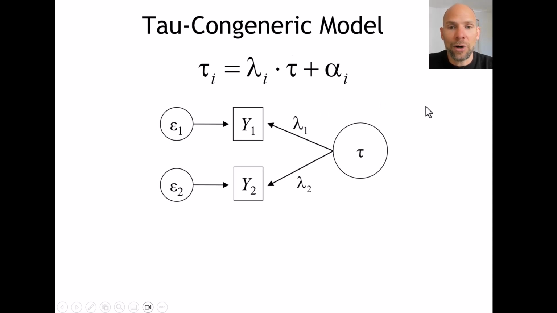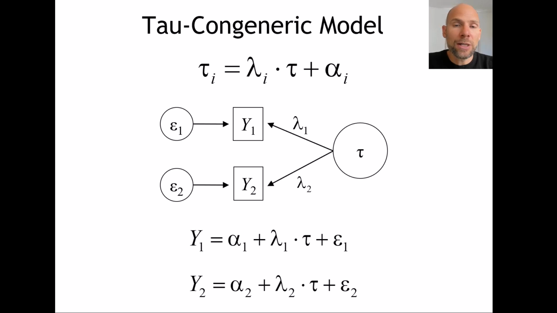And so then in the model we typically depict the factor loadings lambda 1 and lambda 2, which in this model would be freely estimated, at least some of them. Now, the measurement equations look like standard measurement equations in factor analysis, where we have observed variables on the left-hand side, and on the right-hand side we have an intercept plus a factor loading lambda times a factor here called tau plus an error term or residual epsilon.